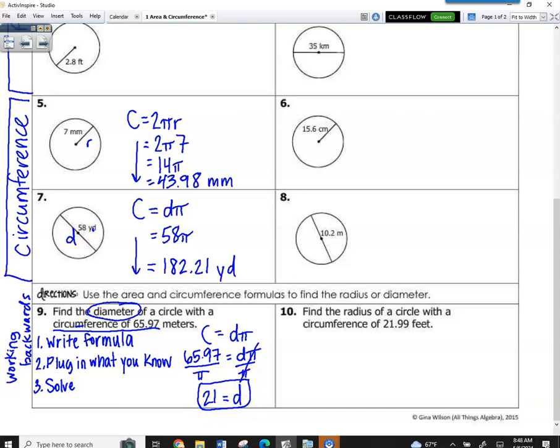One of the things that I like about the working backwards problems, this was me as a kid in math, because there was a time where I was not good at math in middle school. I had a tutor. I was terrible. Okay, I wasn't terrible. I struggled getting there as fast as my friends did.